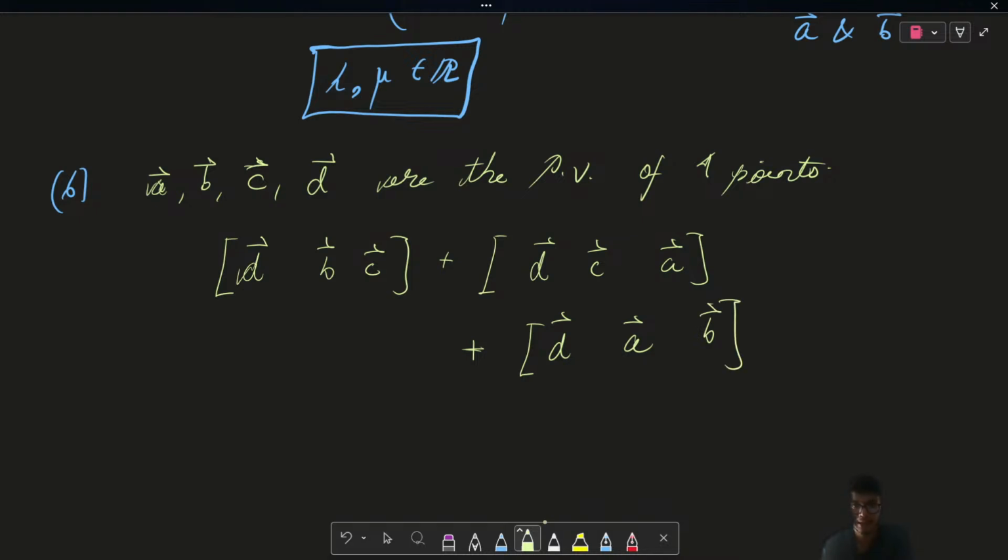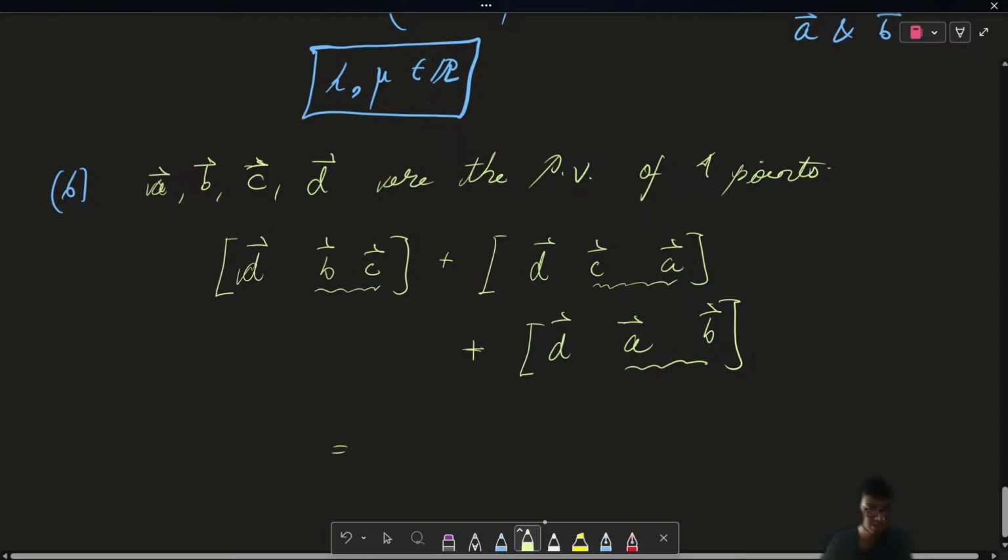If you see over here, I have taken b, c, ca and ab in a cyclic manner. So if I just add all the 3 results of the scalar product, then the result is going to be simply equal to a vector, b vector and c vector. I hope this result is clear.